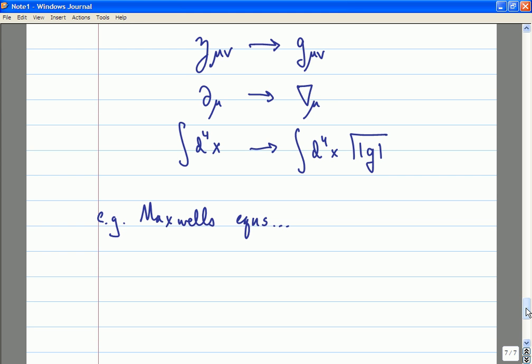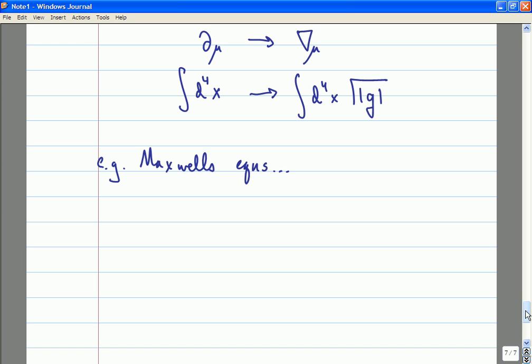one of Maxwell's equations, in the absence of sources, says that ∂_μ F^{μν} is equal to j^ν, where F^{μν} is the electromagnetic field strength tensor, and j^ν is the 4-vector which contains the charge and current densities as its 0 and 3 components.